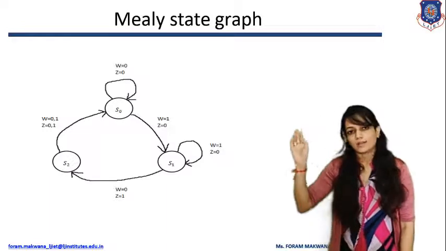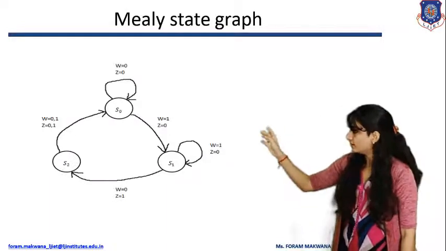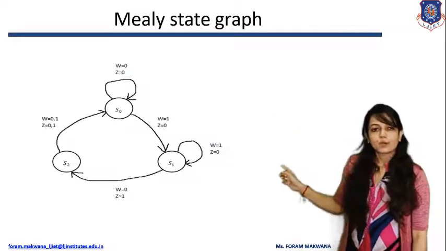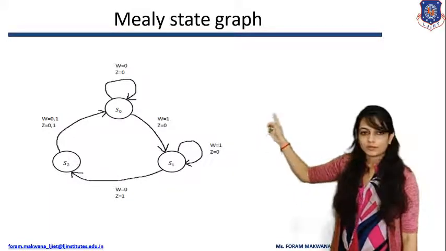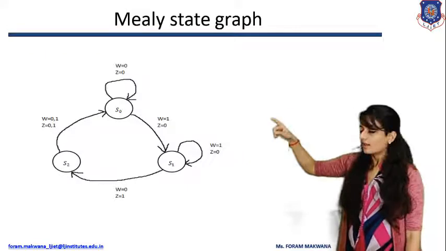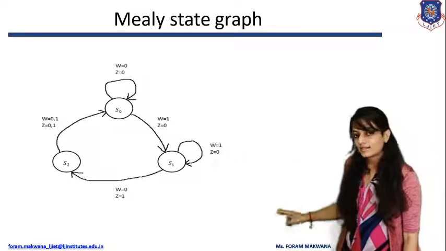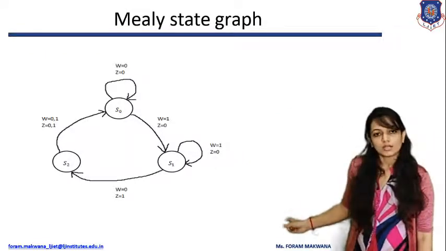Alright? Now next, W is equal to 1. What is my output? Output is equal to 0. Can you see over here? Right? What is my next state? Next state is 01, that is S1. Right?